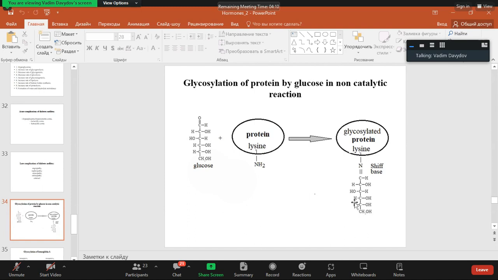And please note, my dear colleagues, formation of glycosylated protein brings a change in the conformation of the polypeptide chain.